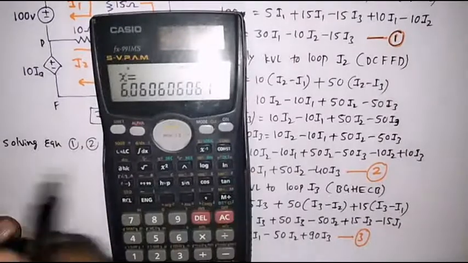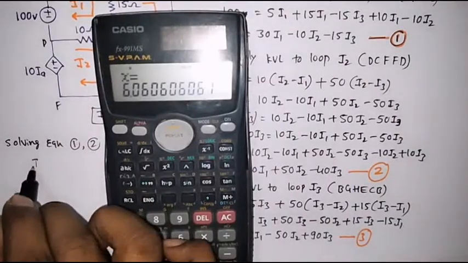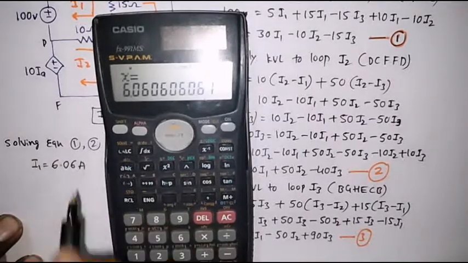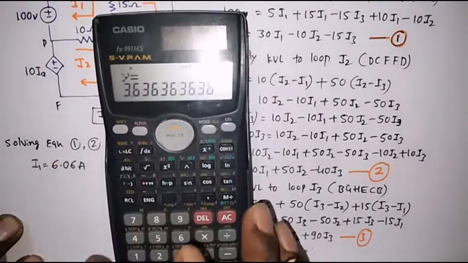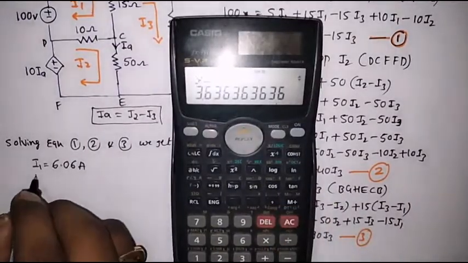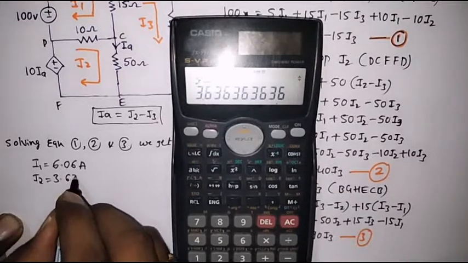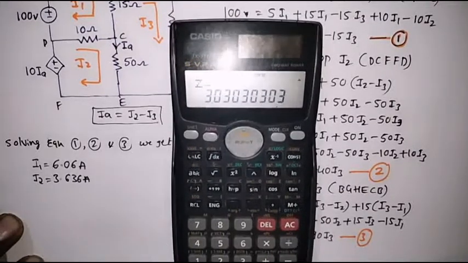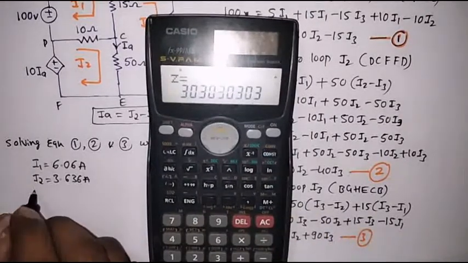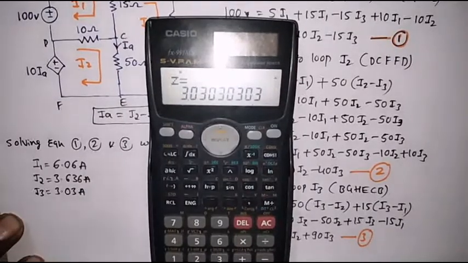So it gives I1 is equal to 6.06 amps, I2 is 3.636 amps and I3 is 3.03 amps.